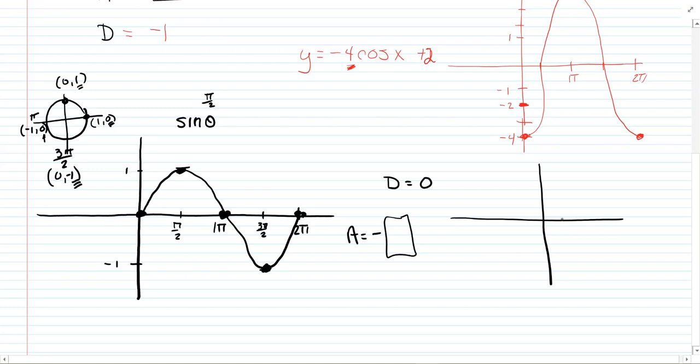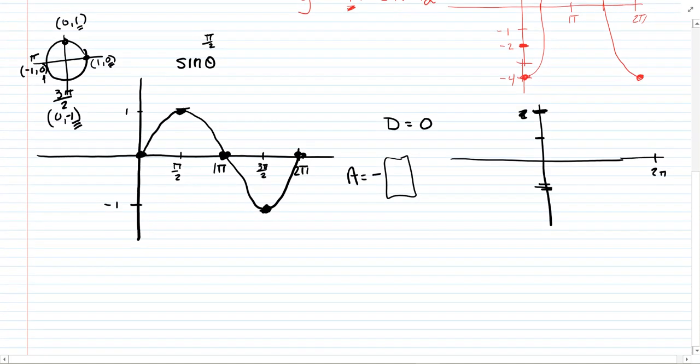Well, instead of going as high as 1 and as low as negative 1, now it's going as high as 2. High is 2 and low is negative 2. For some reason my pen's not working very good.